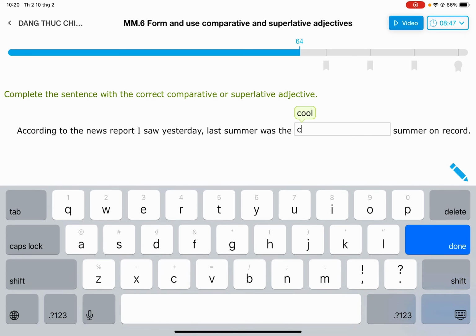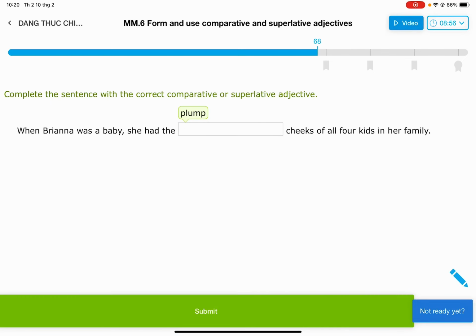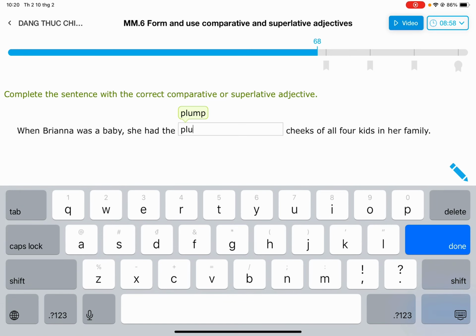Was the coolest. The plumpest. Plump. Plumpest.